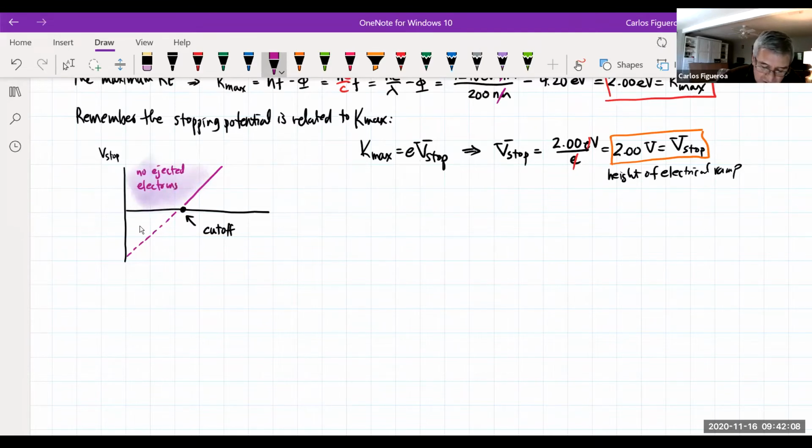So the cutoff frequency says that if I have any frequency less than the cutoff frequency, I'm going to get no electrons. On the other hand, if I have a frequency above this region, then I know here that I'm going to get ejected electrons.